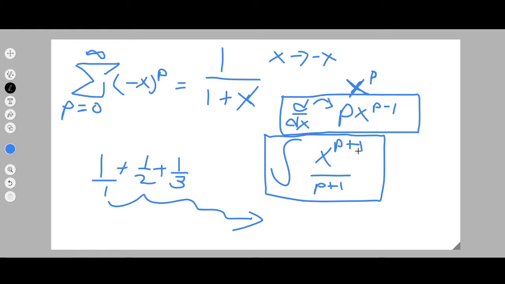We successfully put the p from being at the exponent part to being at the bottom fraction part. And suddenly our geometric series here is slowly looking like our alternating harmonic series. Let's get rid of all of these.